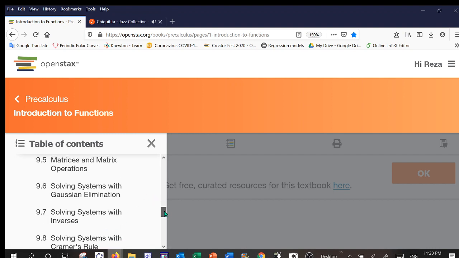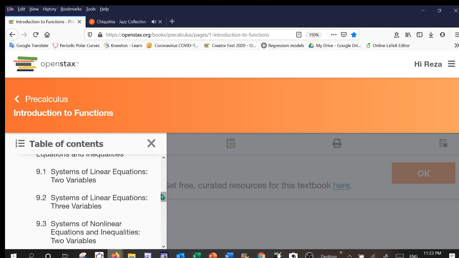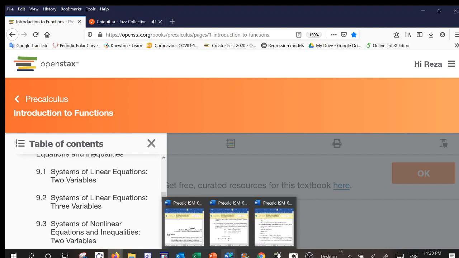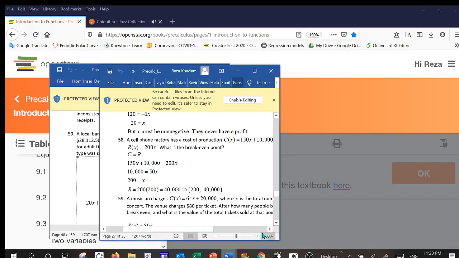So I'm just going to quickly go over that review and then do some application problems. Then we get to systems of nonlinear equations and inequalities. Let me first go to an application problem I want to do.